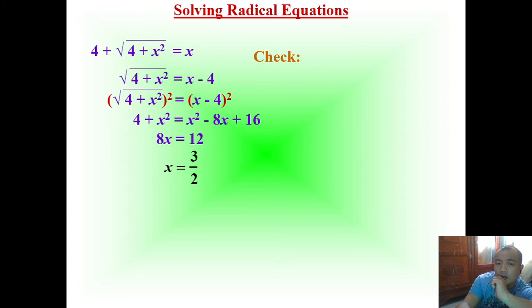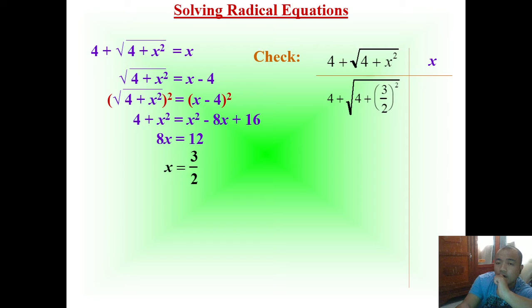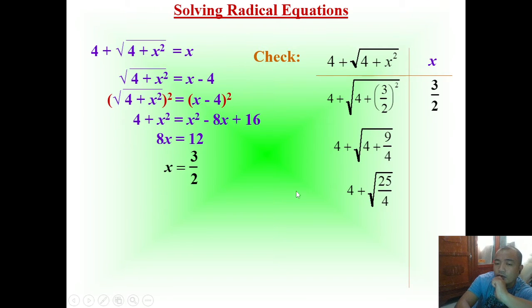Okay, for checking, let us substitute the value of x, which is 3 halves, to the original equation. 4 plus square root of 4 plus 3 halves squared. Is it equal to 3 halves? We have 4 plus square root of 4 plus 9 over 4. Okay, let us add inside the radicand. 4 plus 9 over 4 is 16 plus 9, 25 over 4. And what is the square root of 25 over 4? That's 5 halves, right?